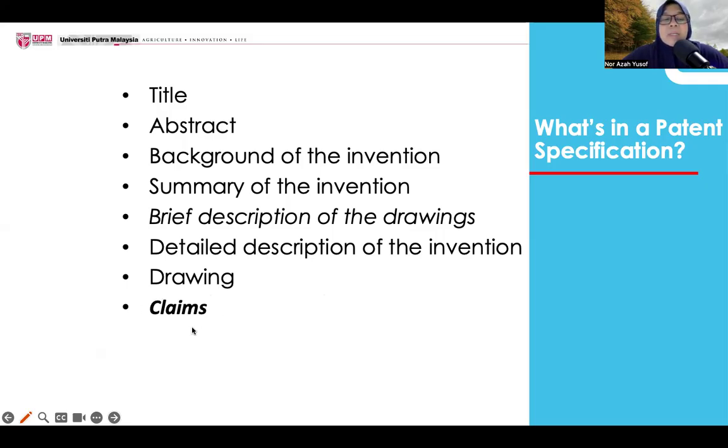We cannot use the same claims that somebody else has patented before. So the patent search, the literature search, has to be done a lot.